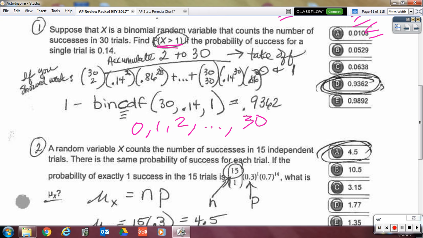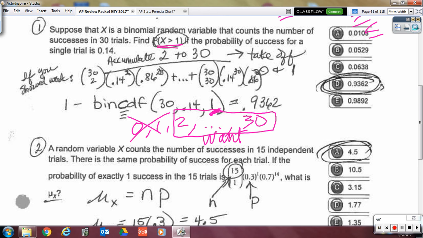I like the more concrete. I want to write it down and look at it and circle it. So in this case, greater than 1 means that this is what I want, so I can clearly see that this is what I'm going to take off. So I'm going to do 1 minus the accumulation up to 1, because I've got to take off the 0 and the 1.